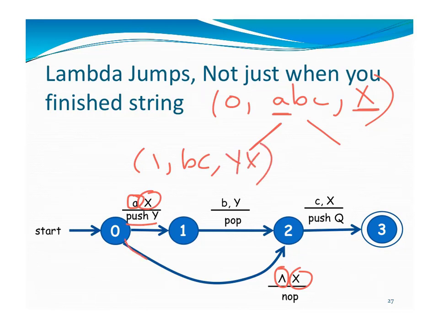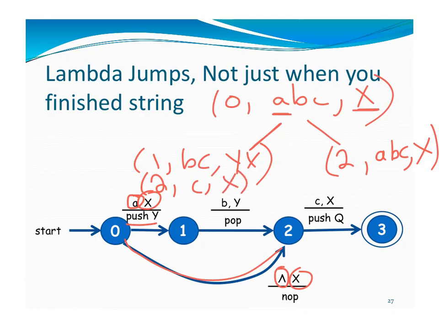And the other option is I take this bottom loop, and then I end up at state 2, and I haven't processed anything, so I still have ABC, and it said no-op, so I have X on my stack still. And then I say, all right, well, if I'm at state 1 and I see BC, YX, I can keep going, so I can end up at state 2 with a C, and I had to pop, so X on my stack.